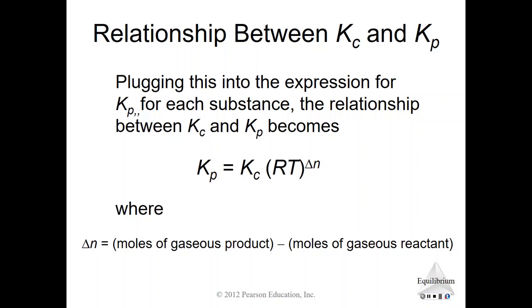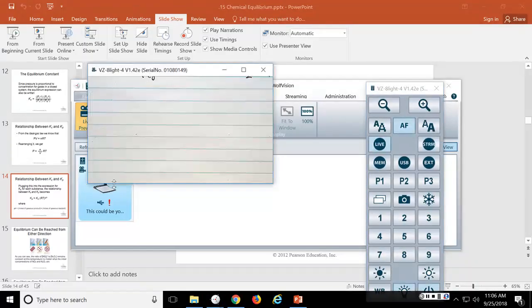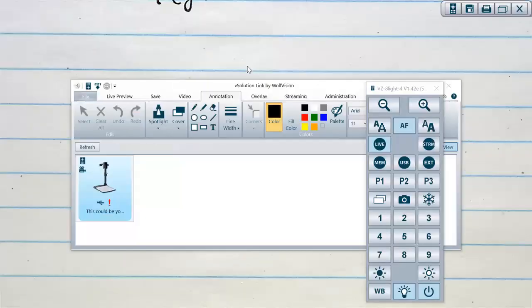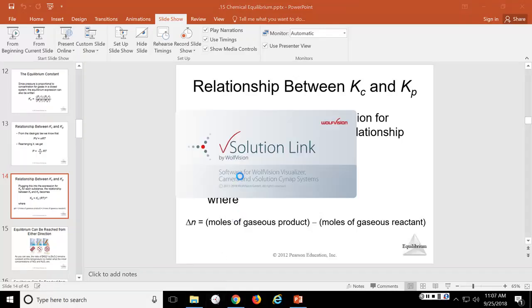Okay, for example, if I had a generic equation, I don't know what, hold on, I'm trying to fix this.